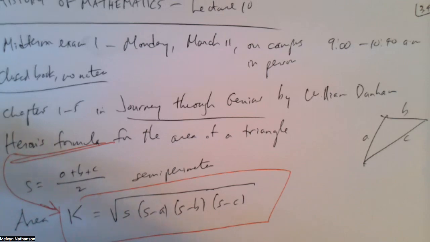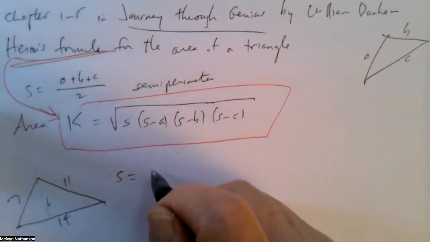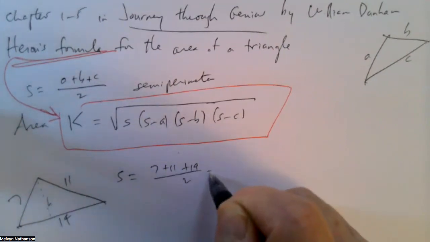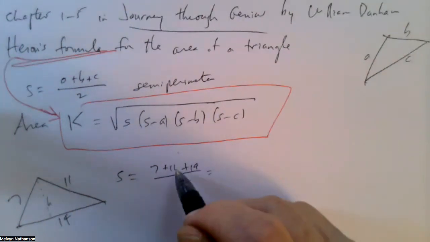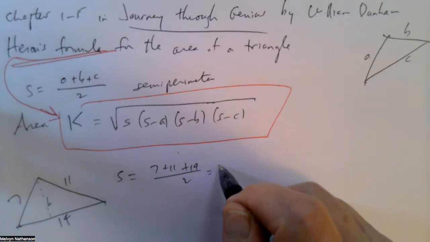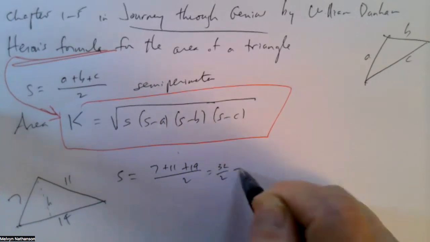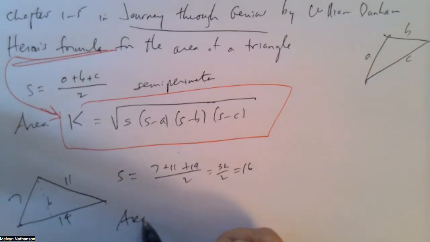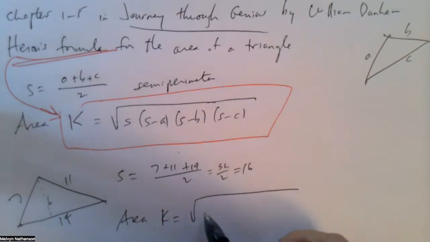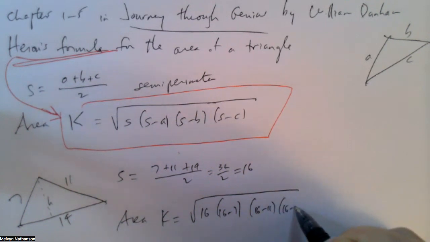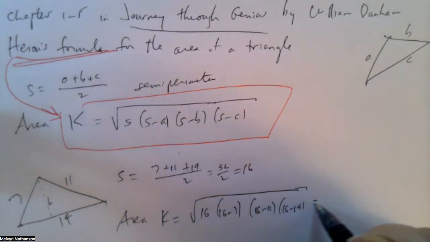So the semi-perimeter is 7 plus 11 plus 14 over 2. Let's see, 7 plus 11 is 18. 18 plus 14 is 32 over 2. The semi-perimeter is 16. So the area, K, is the square root of 16 times 16 minus 7, 16 minus 11, 16 minus 14.